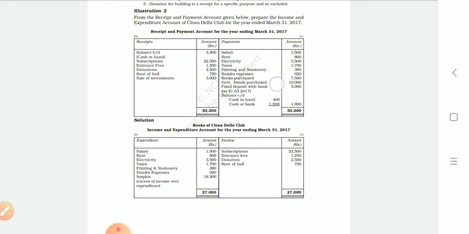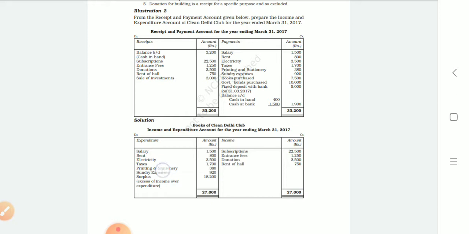Government bonds. Government bonds are investments which we make in government certificates. It is same like a fixed deposit in a bank. Instead of depositing it in bank, we are giving the money to the government. It is a kind of debenture. Bonds and debentures are almost similar. Okay. So this is an asset. It's an investment. So this will appear in the asset side of the balance sheet.